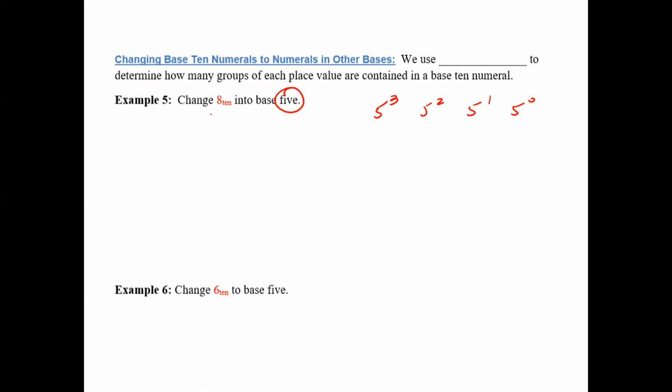And then looking at this part right here, given the fact that you have 8 tens, we are going to do the following. I'm going to do a 1 times a 5, plus 3 times 1. And that's going to equal 13 base 5.